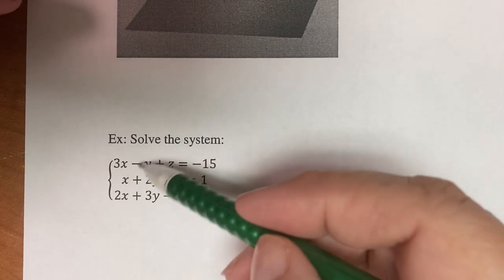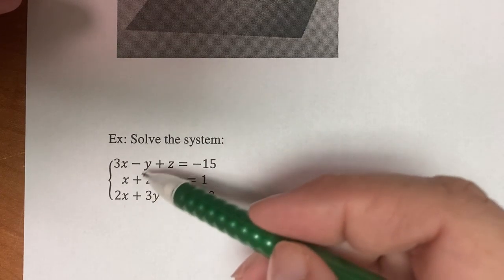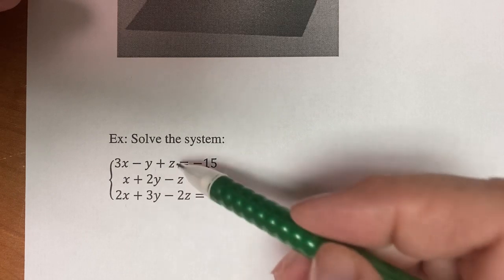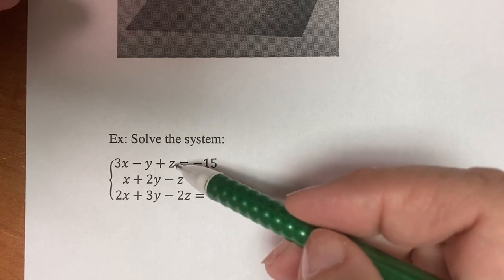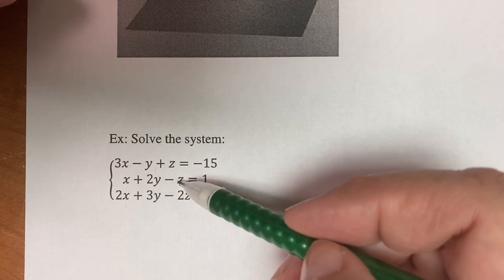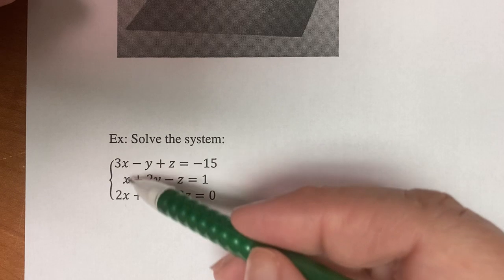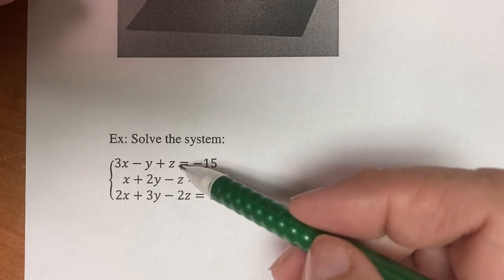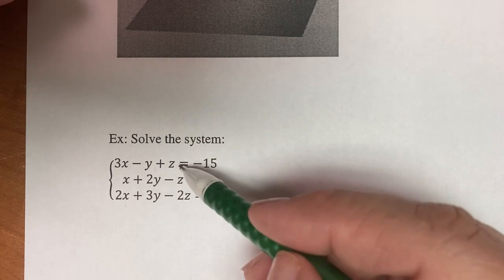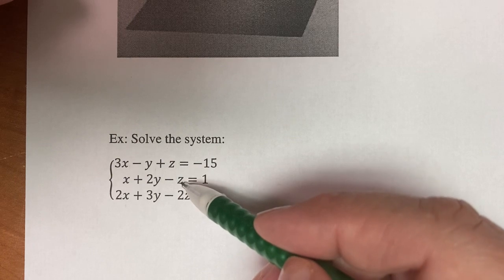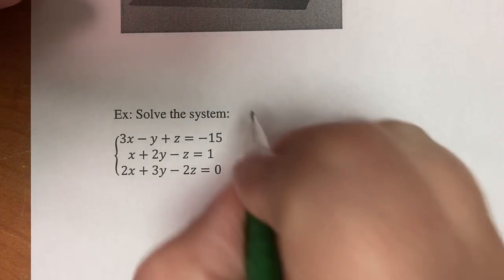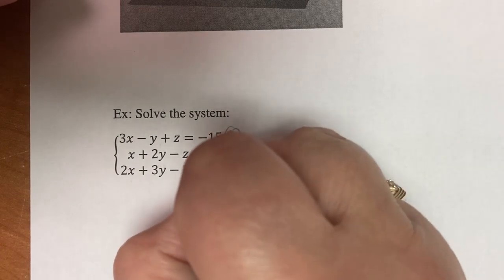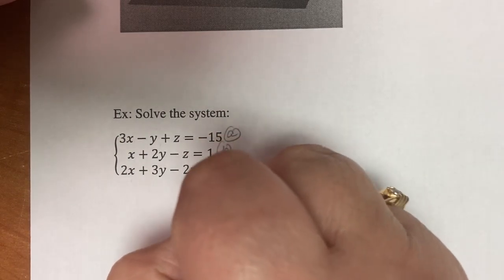So if I go down and look at my x's, my y's, and my z's, do you see that if I were to add these top 2 equations, I would eliminate the z? Now again, you could eliminate x's, you could eliminate y's, it doesn't matter. But it just looks to me like the z's are going to be the easiest one. So you have to stay organized. I like to call my 3 equations A, B, and C.